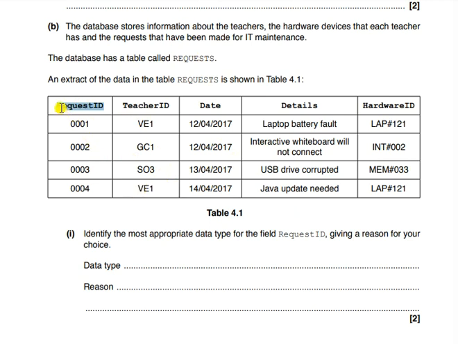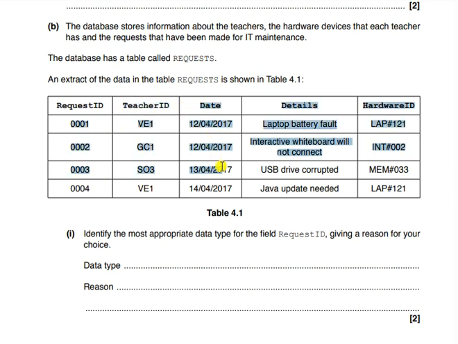Now there are fields like request ID which uniquely identifies each request which has been made. Teacher ID is the person who is raising the request, and its values will be taken from the original teacher table which is defined separately.